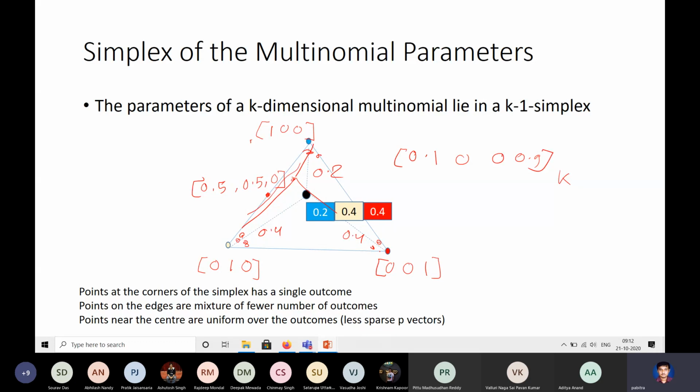And we would be interested in them because naturally the word distribution is sparse and the topic distribution is sparse. Okay, so this is about the simplex.